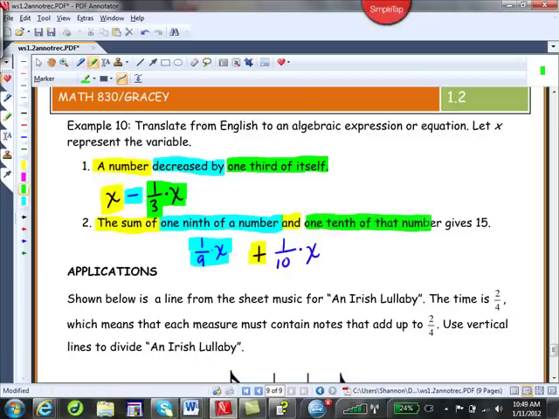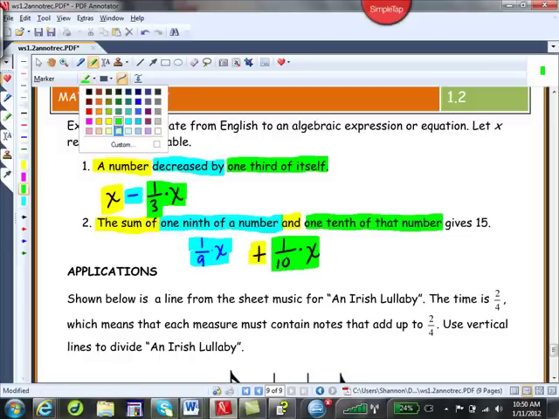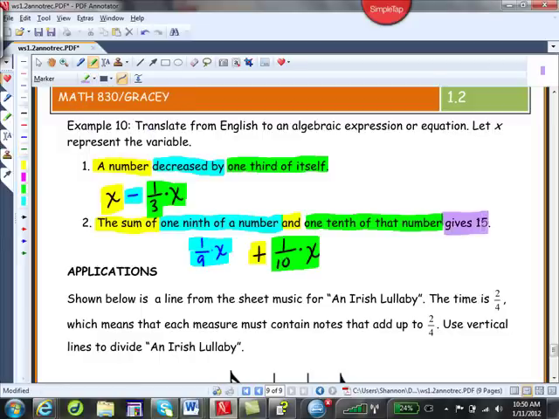Gives 15. So now do you see, instead of just an algebraic expression, I believe we have an equation. Gives 15. This purple's too dark, so let's look at a different color here. Gives 15.